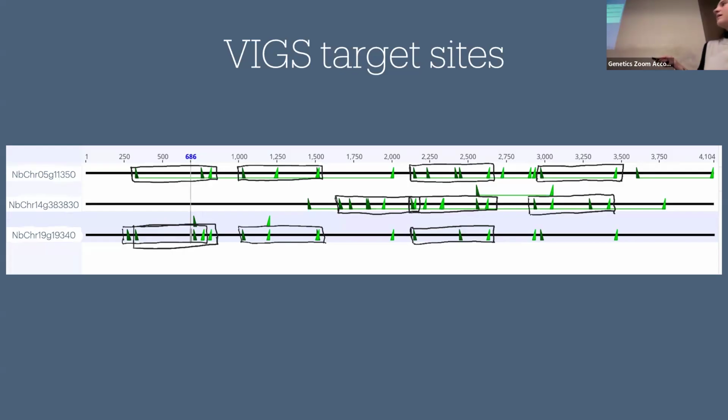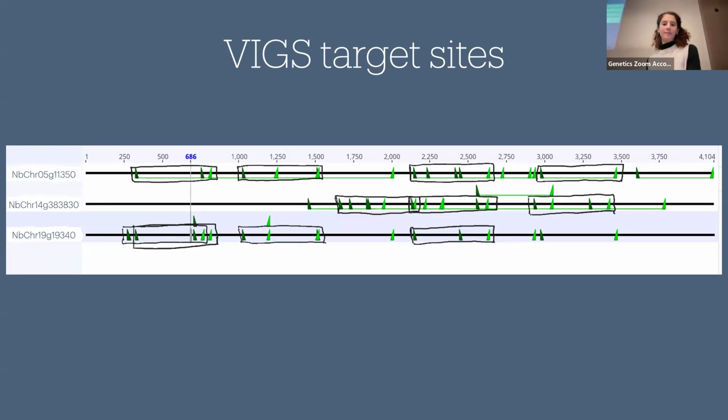So this is 1B, 1A, and then this weird third one that we found in Nicotiana, because the genome for Nicotiana benthamiana isn't actually great right now. And as people are getting better at it, we're starting to find some things where maybe there's bits of Raptor, like maybe this is almost the same, but it's not. Anyway, so these are all the big silencing targets.